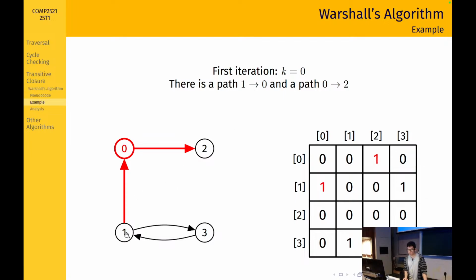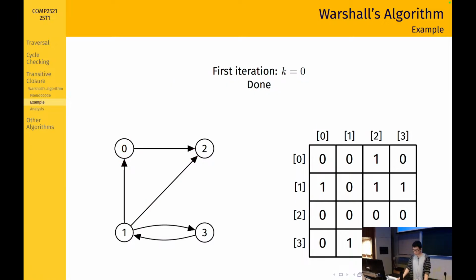So this tells us that there's a path from 1 to 0 and a path from 0 to 2. What that means is that there is a path from 1 to 2. So we're going to set this cell over here to a 1. And that's all we do for the first iteration, because there's only one incoming edge to 0 and one outgoing edge.